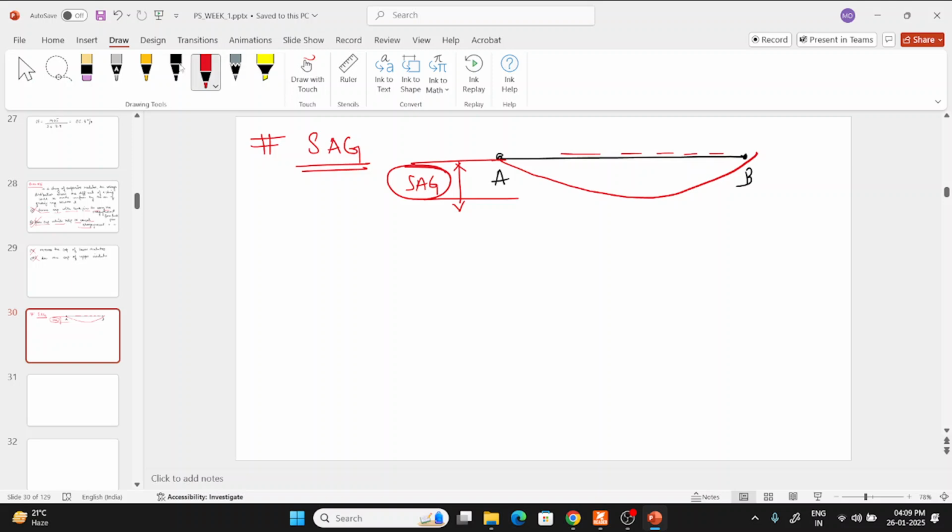For example, A is here and B is here. If a transmission line is connected, in an ideal case it should be straight like this, but that is not happening. So what will happen here is that it will sag like this.